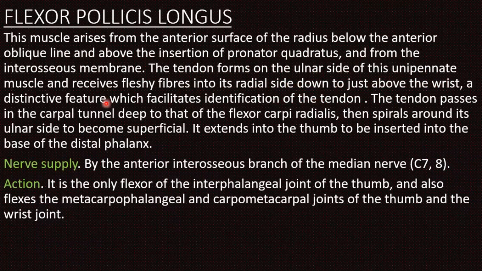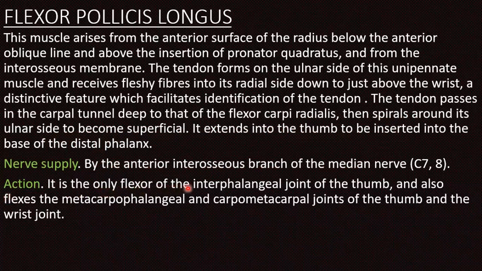It is a unipennate muscle, and that is an identification feature of the muscle. The tendon passes in the carpal tunnel deep to the tendon of flexor carpi radialis, then spirals around the ulnar side of the tendon of flexor carpi radialis to become superficial, and it extends into the thumb to be inserted into the distal phalanx. It is innervated by the anterior interosseous branch of median nerve.